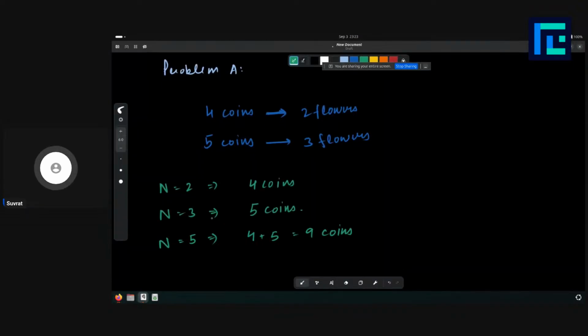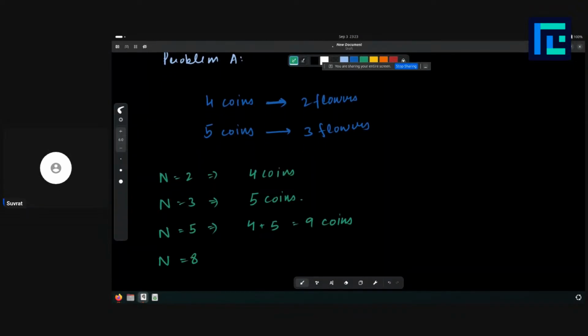Then n equal to 8. For n equal to 8, if we do this transaction, then we are paying 5 by 3 coins per flower, and here we are paying 4 by 2 coins per flower.